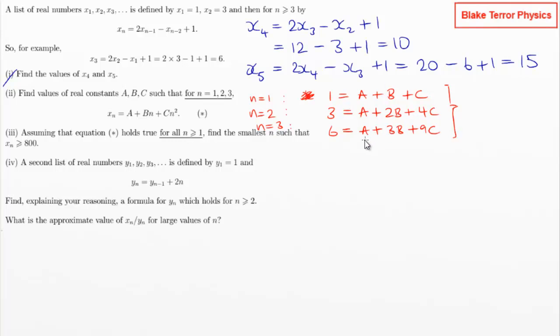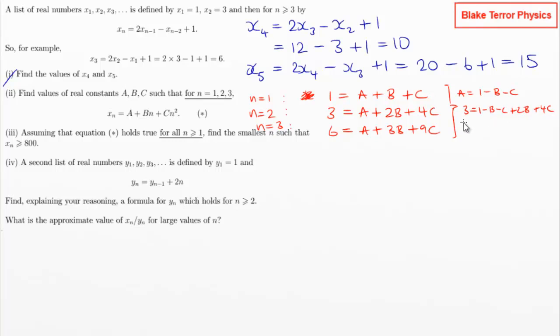So let's eliminate a's and b's and end up getting what c is, and then everything will be fine. So a is equal to 1 minus b minus c. So in the second one, we've got that 3 is equal to 1 minus b minus c plus 2b plus 4c.